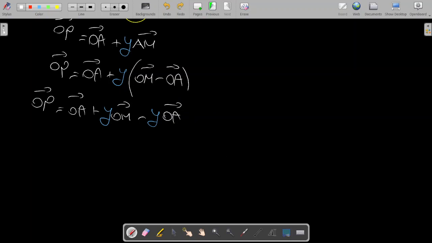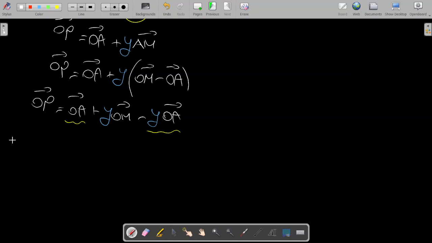I don't need brackets anymore. Now I'm gonna do the same thing that I did earlier, but for that I have to factorize what you see in front of you. Here you have OA, here you have the OA, so you need to factorize these two. So you're gonna take Y and you're gonna take 1 minus Y as an outer bracket.